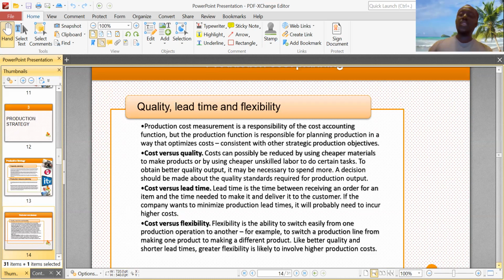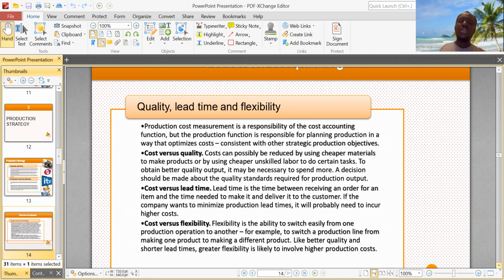Very, very key. So cost versus lead time is also another factor here.